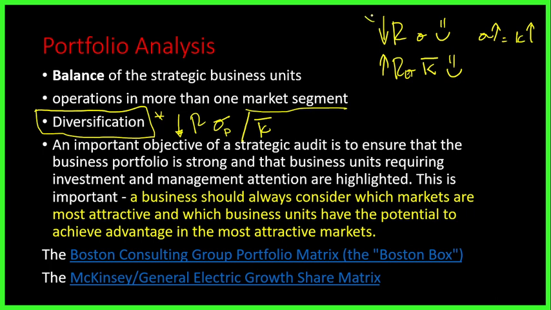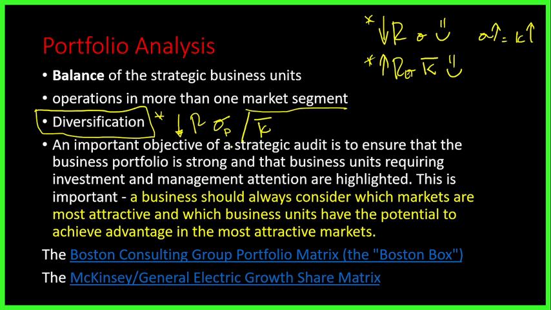Hindi natin to titignan individually. You look at them as a pair. So, given assets that have the same level of return, you choose the asset with the lower risk. Given assets with the same level of risk, you choose the asset with a higher level of return.